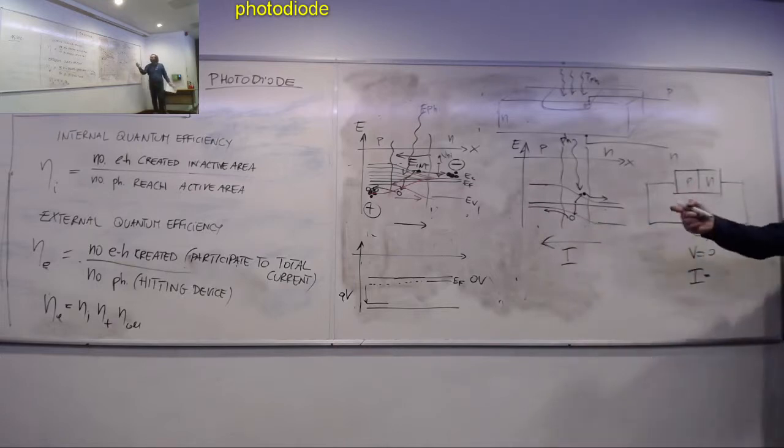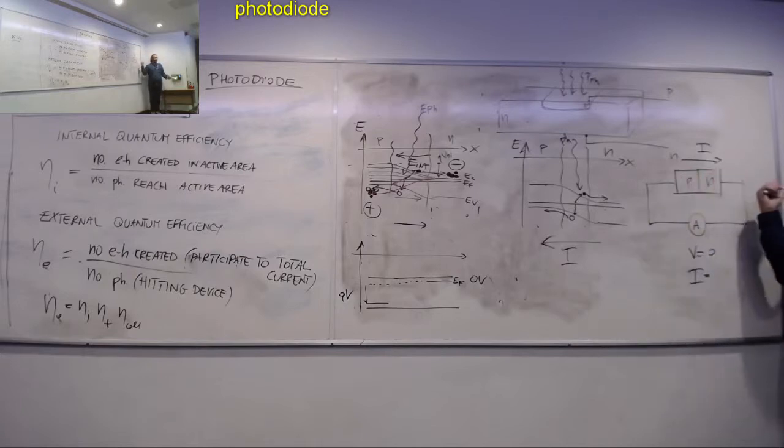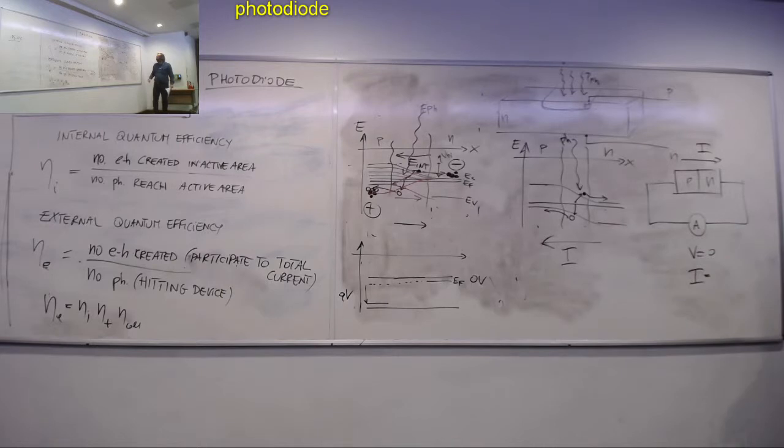It is opposite to the direction we normally use. Until now, our formalism says we measure the current as positive when we go from P to N. So this current is negative. We call this current the short circuit current, also not very original. To emphasize that it is negative, I will put a minus sign in front of it.